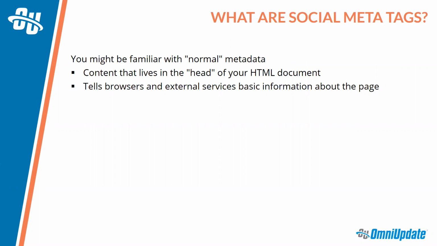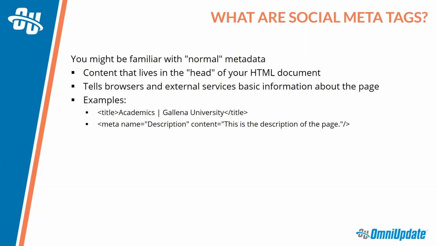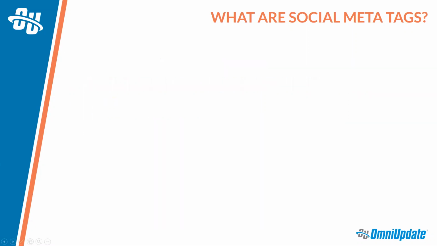There's lots of important information that can go in there, and it's really meant for things that aren't necessarily visible. For example, you might know that you have a title tag that tells you the title of your page, and potentially it has some branding on it, and then also your description. And then you might even have keywords, although I don't know if Google really tracks those anymore, but if you have a local search engine, you can make use of those. But the point is that this is content that is stored up in the head and not visible.